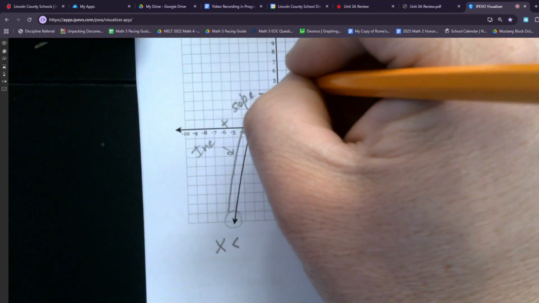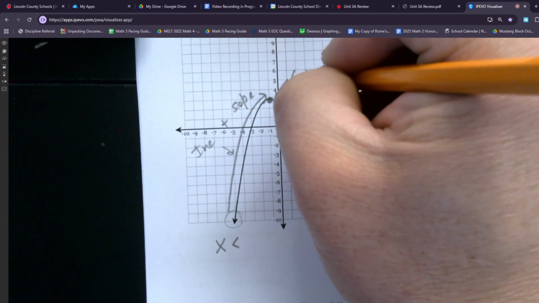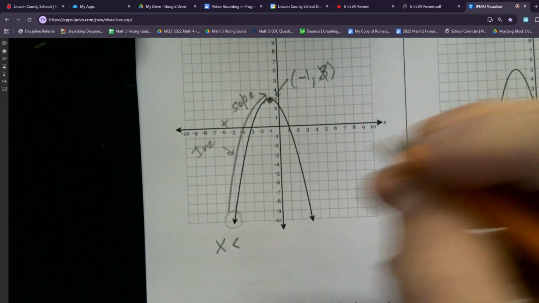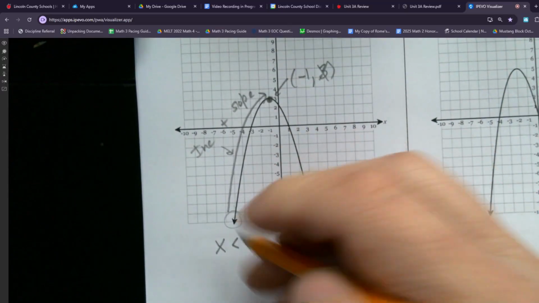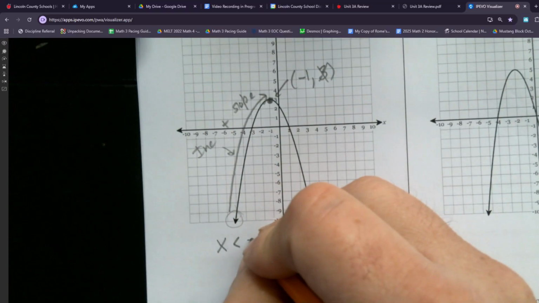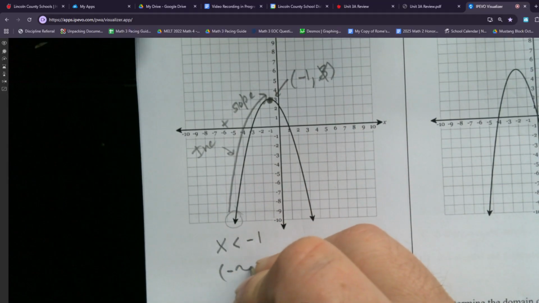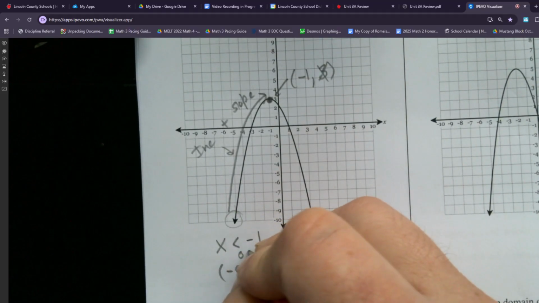And the coordinate here is (-1, 3). Y value doesn't matter. So where it's increasing is on the left side. Since the left arrow always starts with x less than, it's x less than -1, or it could be -infinity to -1. Either one of those would work.